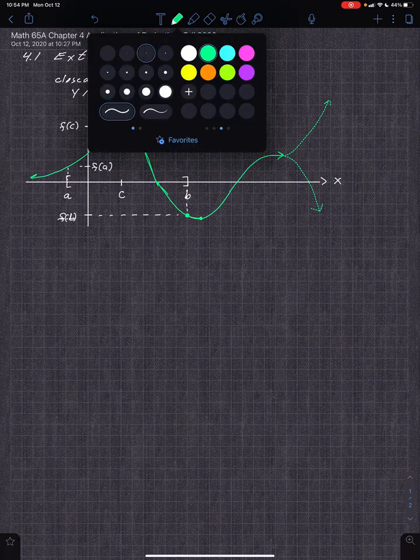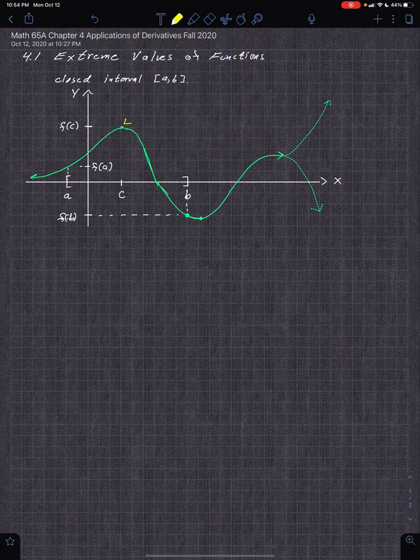So what we're going to say and label then is, on the interval, this is what we call an absolute maximum, abbreviated, of course. And this right here on the interval is an absolute minimum.